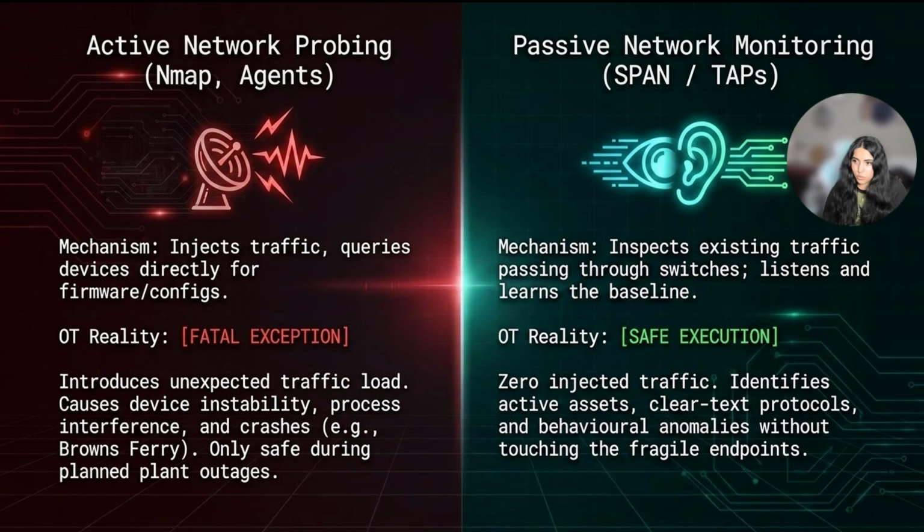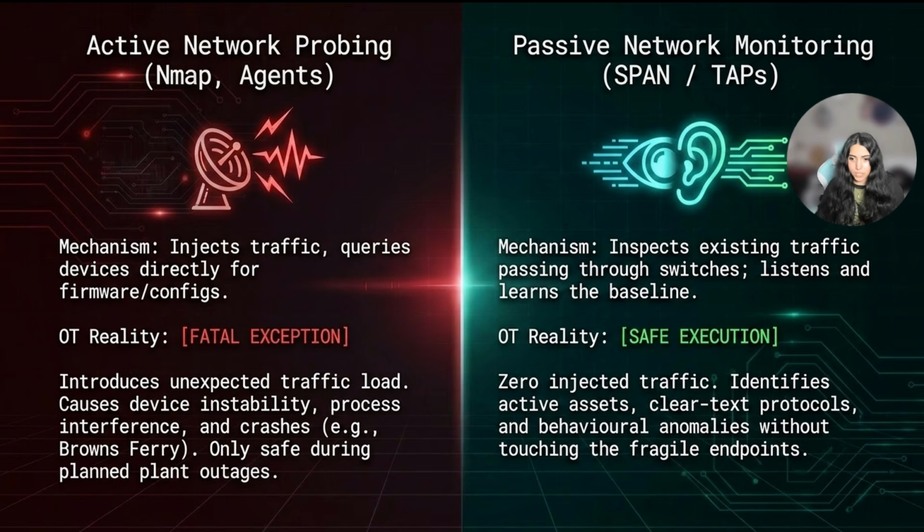And of course, how we monitor things also matters. In active network probing, for example, Nmap, as I mentioned earlier, it might make OT devices unstable. The mechanism for active network probing is that it injects traffic and queries devices directly for firmware or configs. And in OT reality, guess what's going to happen?